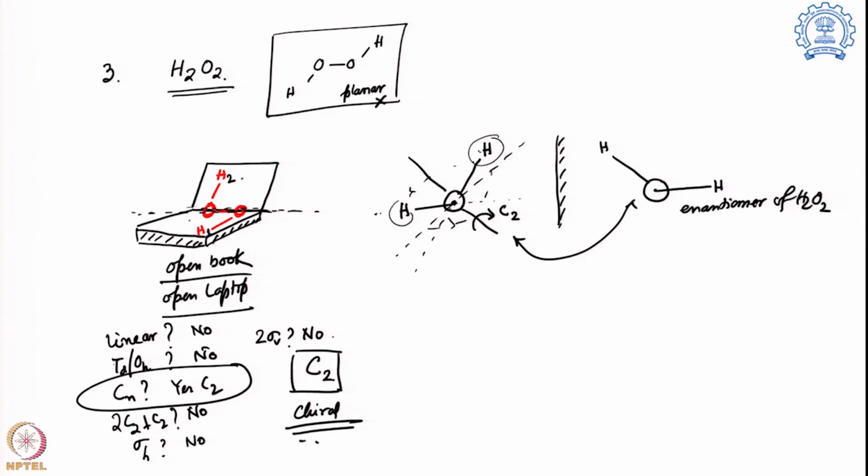That is doable if there is a bond angle rotation. So, let me draw this open book structure one more time. This is where we started, and after the mirror image, that is how it is now.